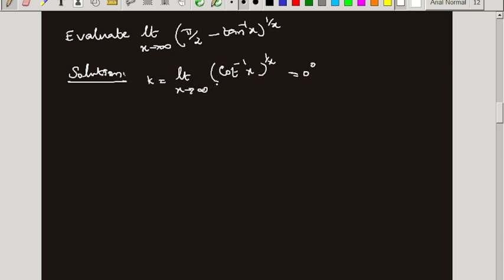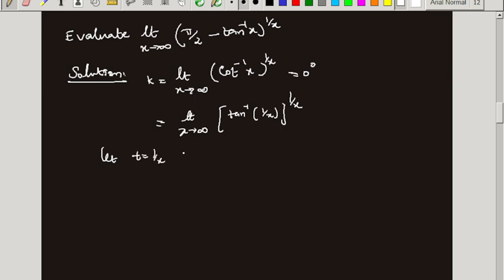So what we do? We do a small modification of this one. Limit x tends to infinity. We can write this as tan inverse of 1 by x, whole power 1 by x. So here we have 1 by x, and the power also is 1 by x. We consider let t equal to 1 by x.